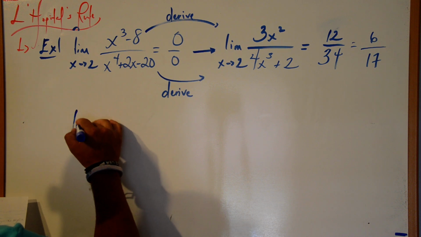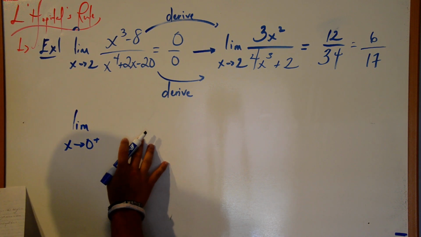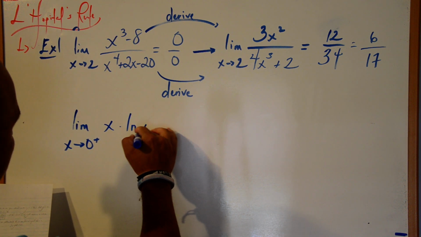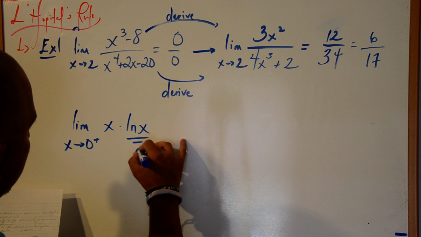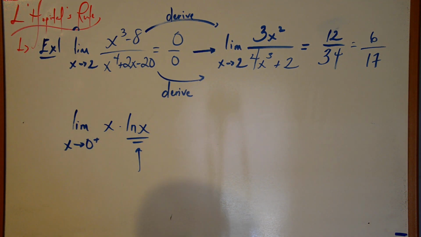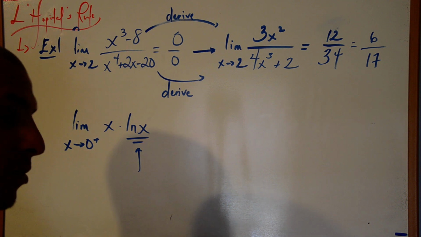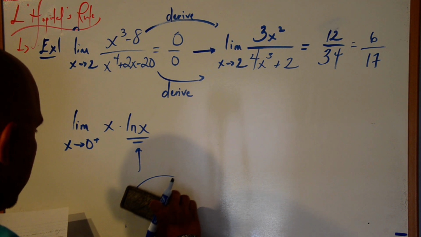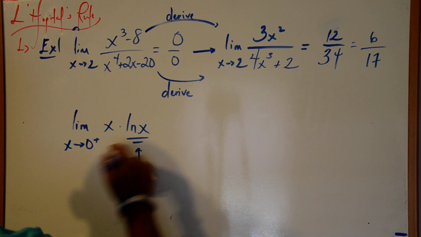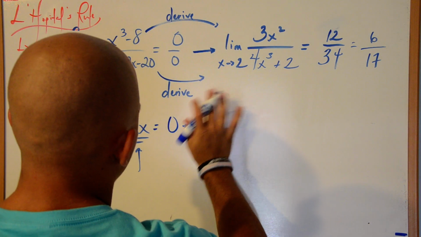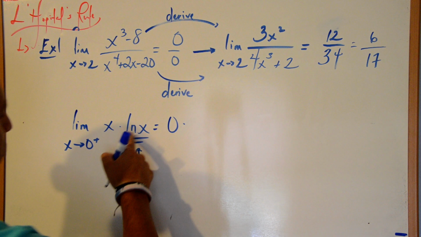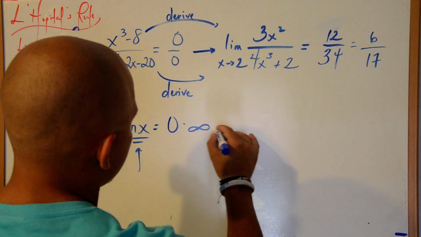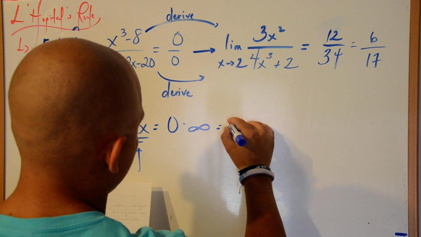We can also have the limit as x approaches 0 from the right of x times the natural log of x. Once again, this is a function that you should begin to understand its behavior or be able to recall its behavior. So we have a function that looks something like that. And if we substitute in, that should be 0 times, and the limit as x approaches 0 of the natural log is infinite. So we wind up with this indeterminate form.